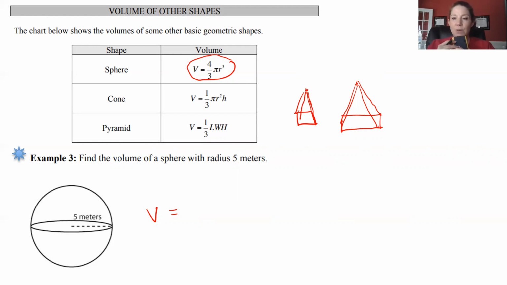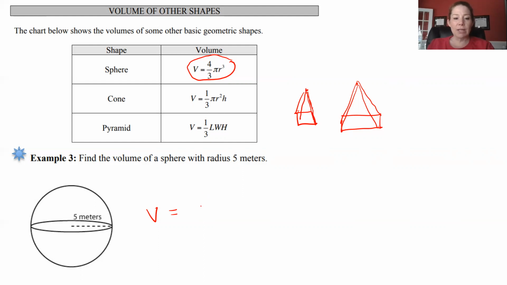You never want to multiply by a non-terminating decimal though. 4/3 is 1 1/3, or 1.3333. So you don't want to multiply by 1.3333 because it's a non-terminating decimal. We're going to try to make it as close to the real answer as we can get.